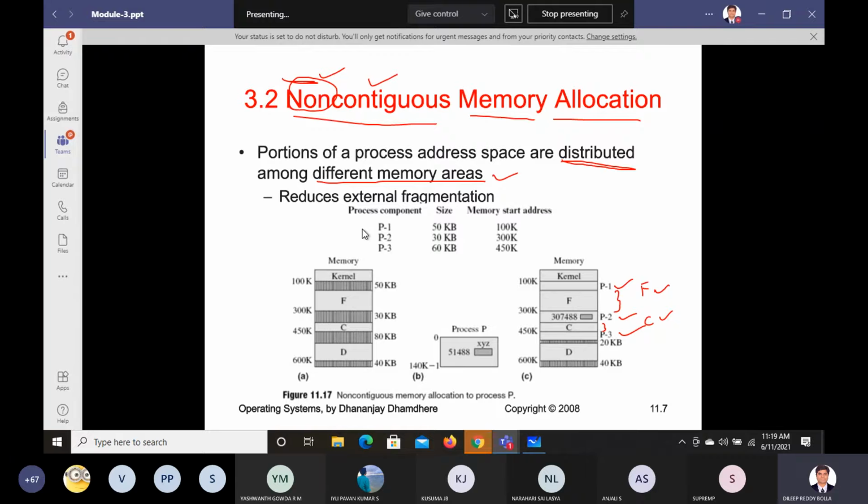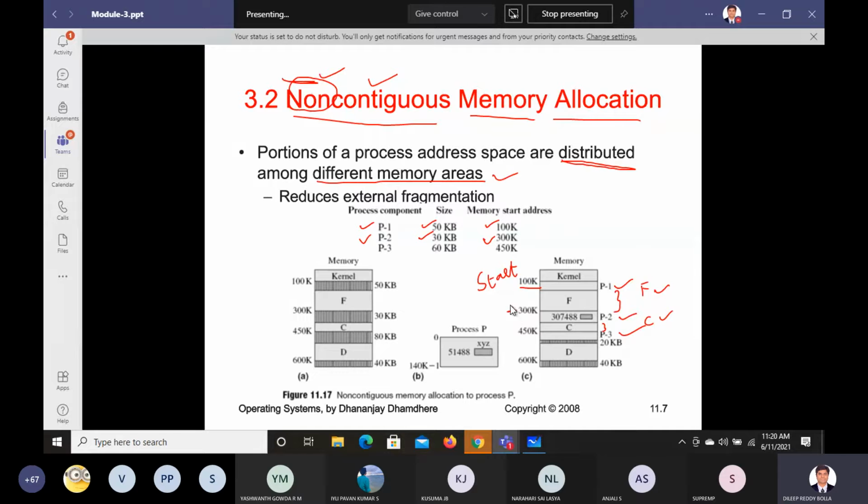Now if you see process P1 here, P1 requires 50 KB and memory starts from 100 KB. Let us say this is your 100 KB. This is the starting point. We are not talking about the ending point. And let us say P2 requires 30 KB and starts from 300 KB.